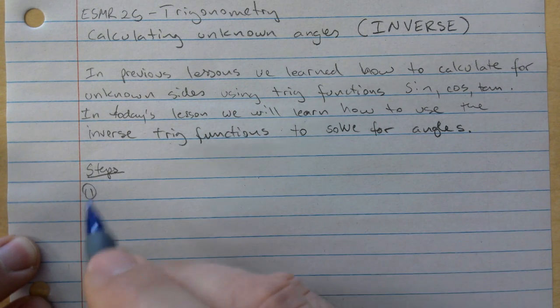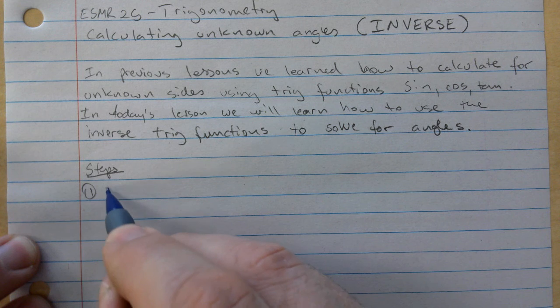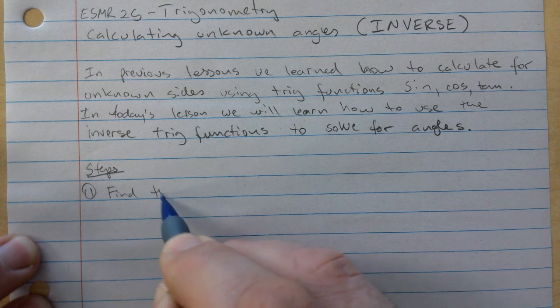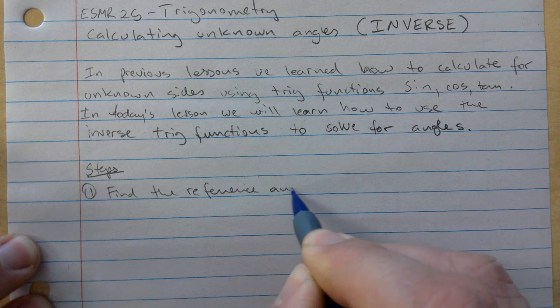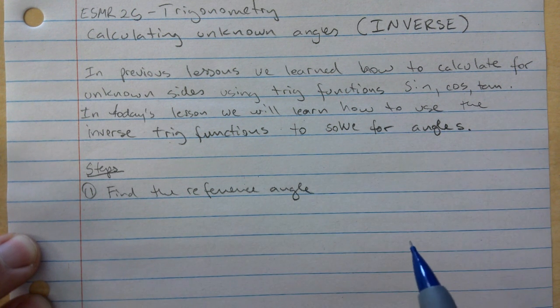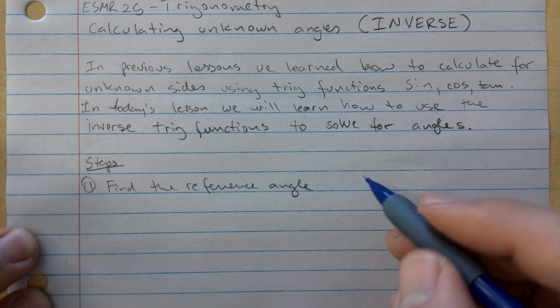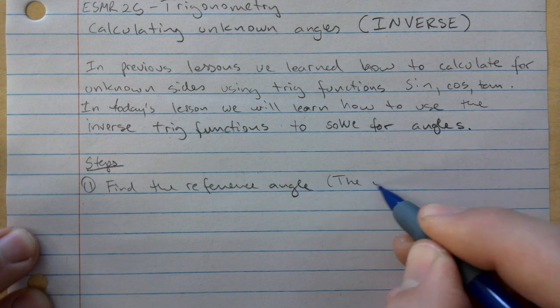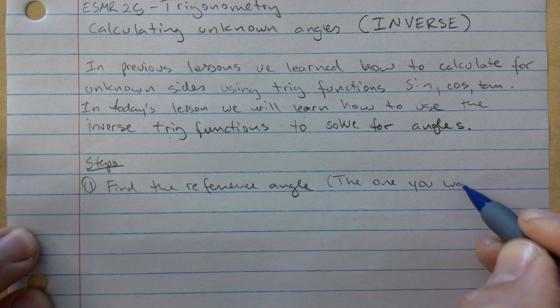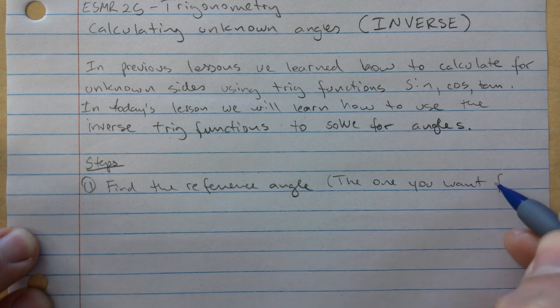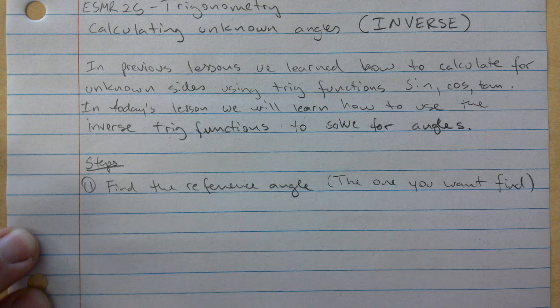So first step would be find the reference angle, okay? Find the reference angle, and that is the one you want to find or solve for, okay? That is the first step.